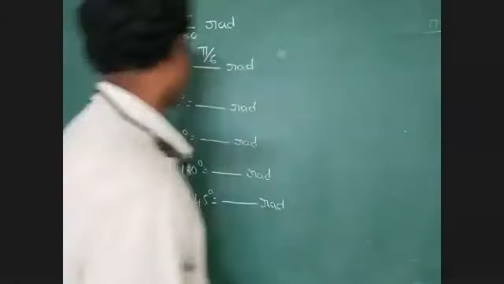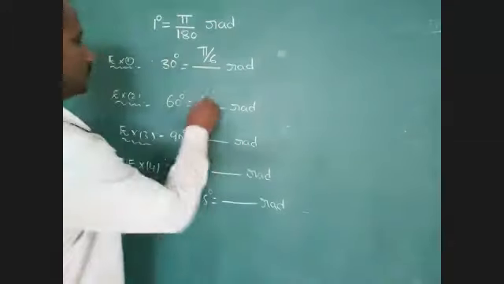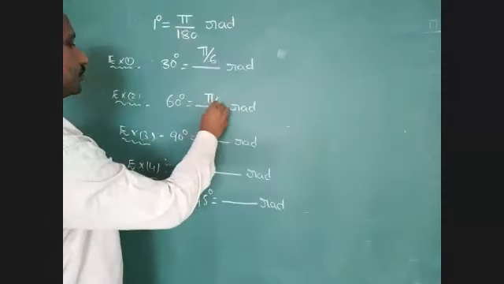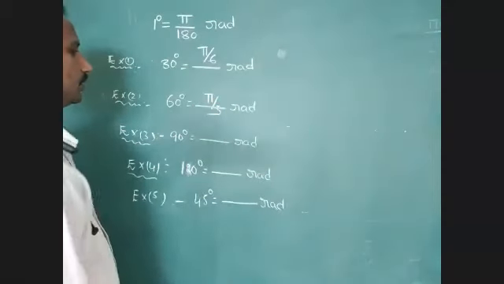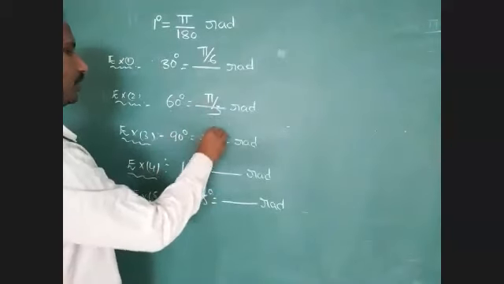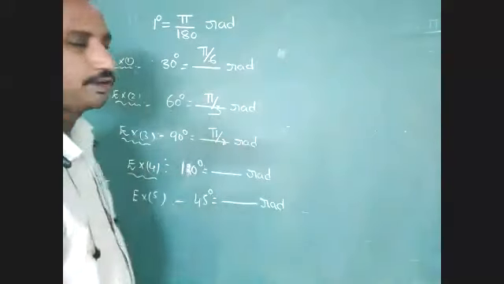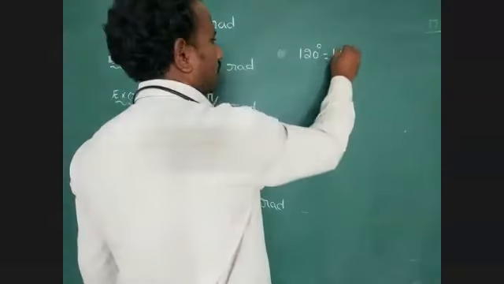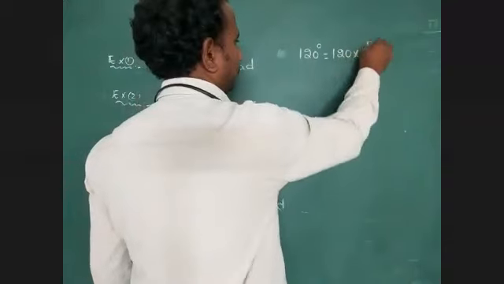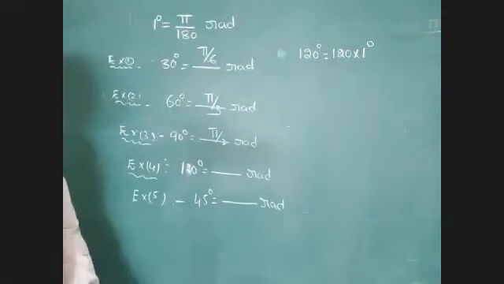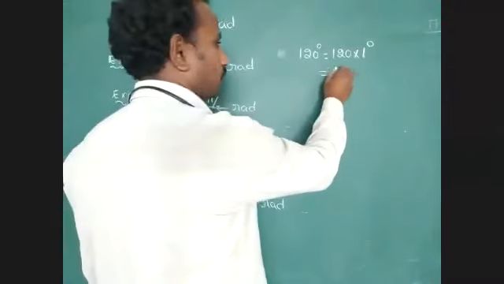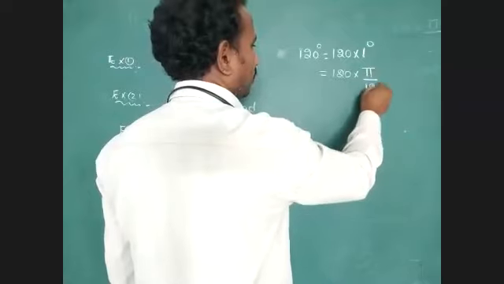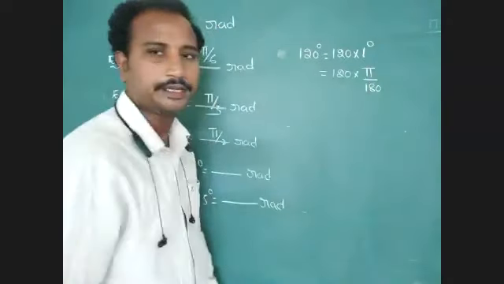Next, the other 2 examples you have to identify. Here the 60 degree value is pi by 3. Here the 90 degree value is pi by 2, completed. Next, 120 degrees is given. 120 degrees equal to 120 into 1 degree. 1 degree value is pi by 180.